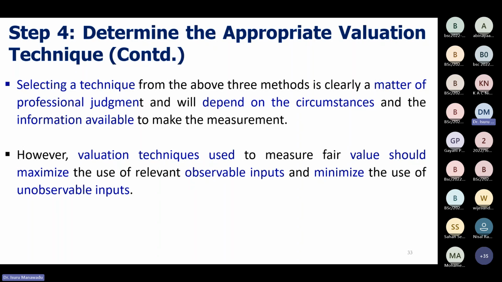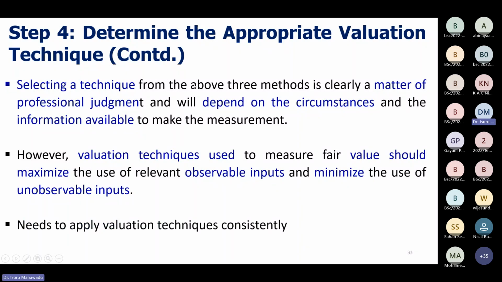We need to estimate something like that. Those are level 2 and level 3. And another thing is when we are valuing assets, we need to use that valuation technique consistently. One year one method, another year another method, then consistency is not there, and that is problematic. So it is better to use a consistent method for the valuation.